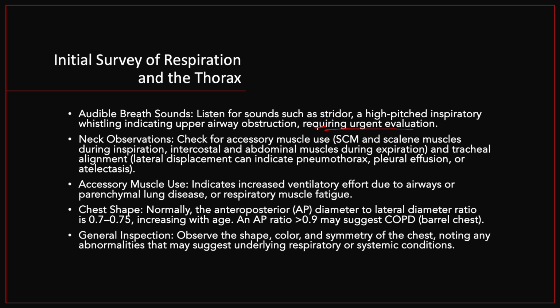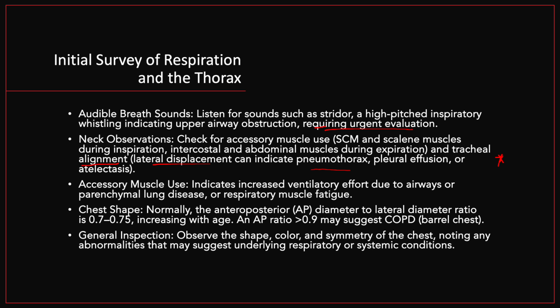Neck observation. So check for accessory muscle use, the scalene muscles, sternocleidomastoid during inspiration, intercostal and abdominal muscles during expiration, and the tracheal alignment. That's a big one. So lateral displacement can indicate a pneumothorax, pleural effusion, or atelectasis. It also can indicate if they have some sort of mass around their airway.